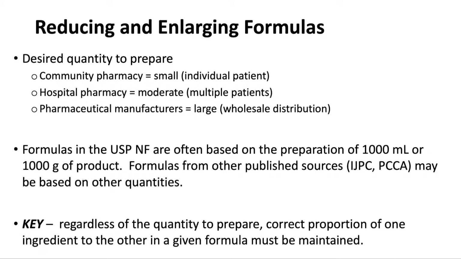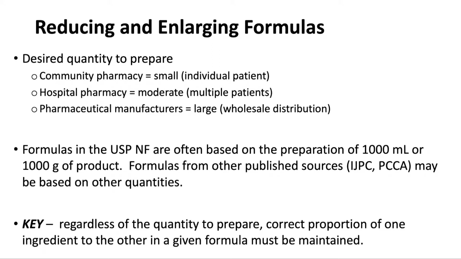Oftentimes, the USPNF formulas are standardized per 1,000 milliliters or 1,000 grams of the product, which is nice to standardize them, but it means you usually have to adjust the amounts from that formula to what you're making. So smaller if you're doing it for an individual patient, or maybe having to bump that formula up if you're doing it for a large number of patients, say in a hospital.